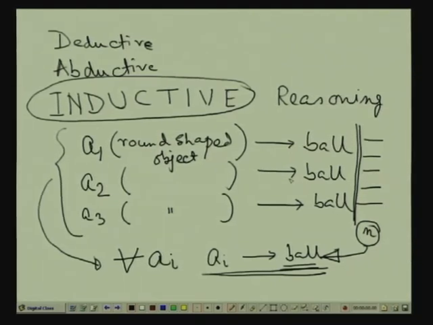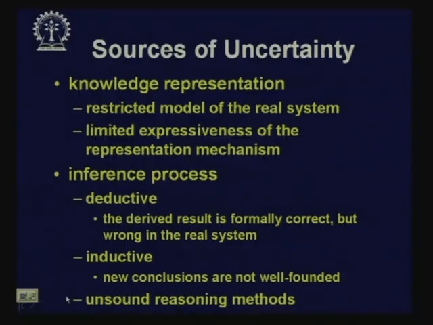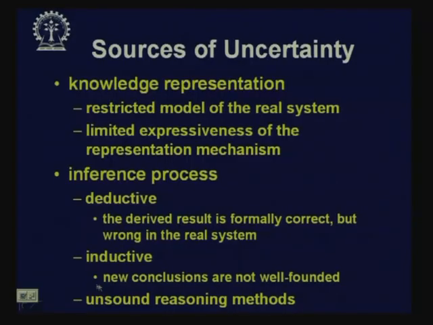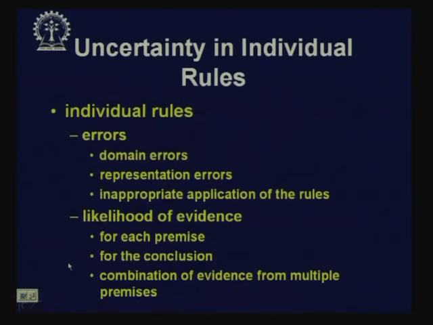However, as we have shown here, this is not sound, because there may be counter examples. The same unsoundness was there in the case of abductive reasoning also. So, in inductive reasoning, the new conclusions that we arrive at are not always well founded. The other thing is individual rules.